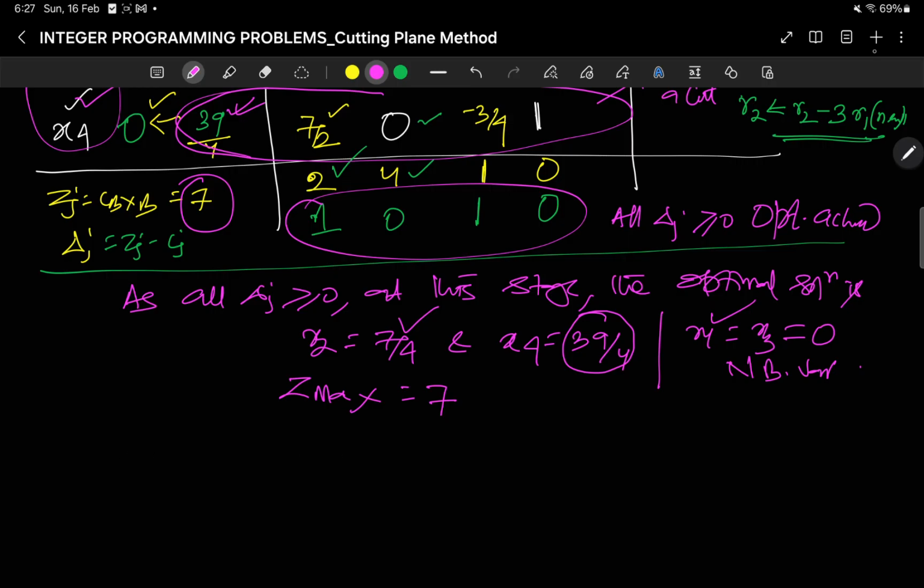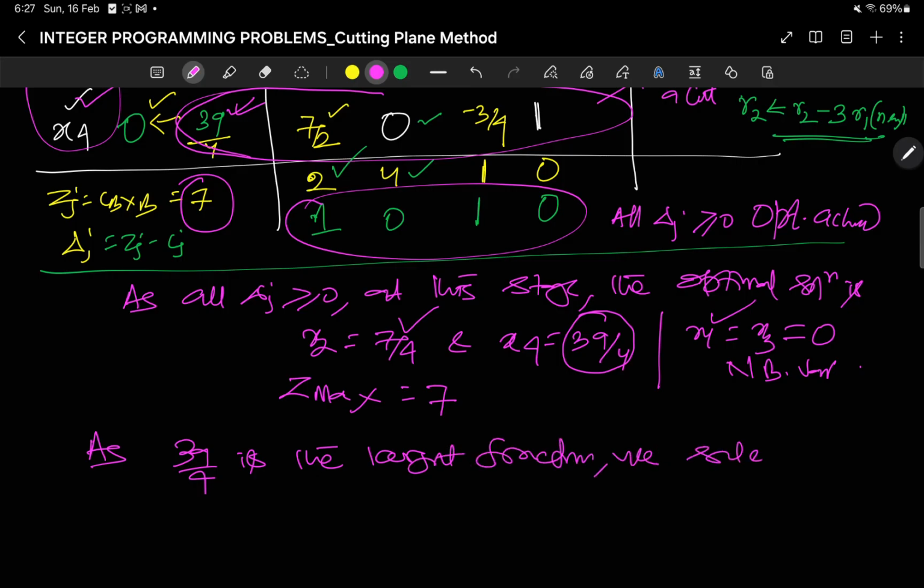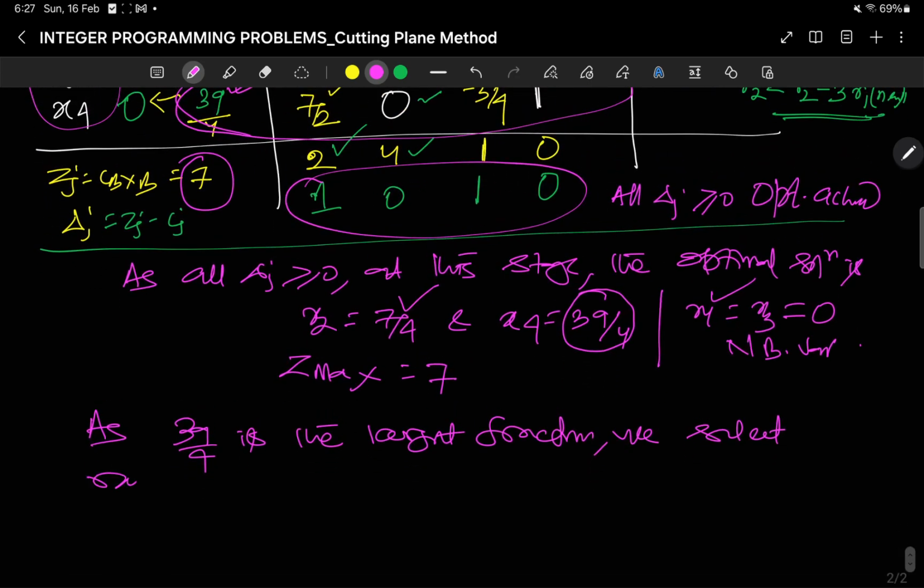Thus, as 39 by 4 is the largest fraction, we select row 2 to develop a cut as follows.